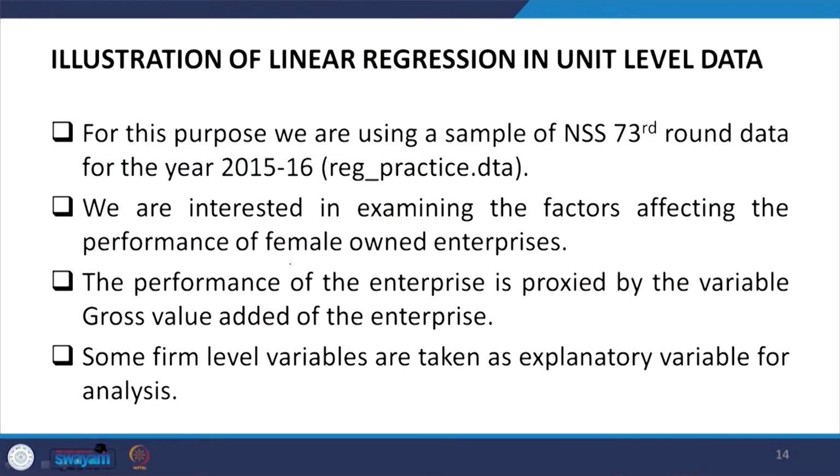We are interested in examining the factors affecting the performance of female owned enterprises. The performance of the female enterprises will be proxied by the gross value added, and that information is given in the data. Some firm level variables are taken as explanatory variables.